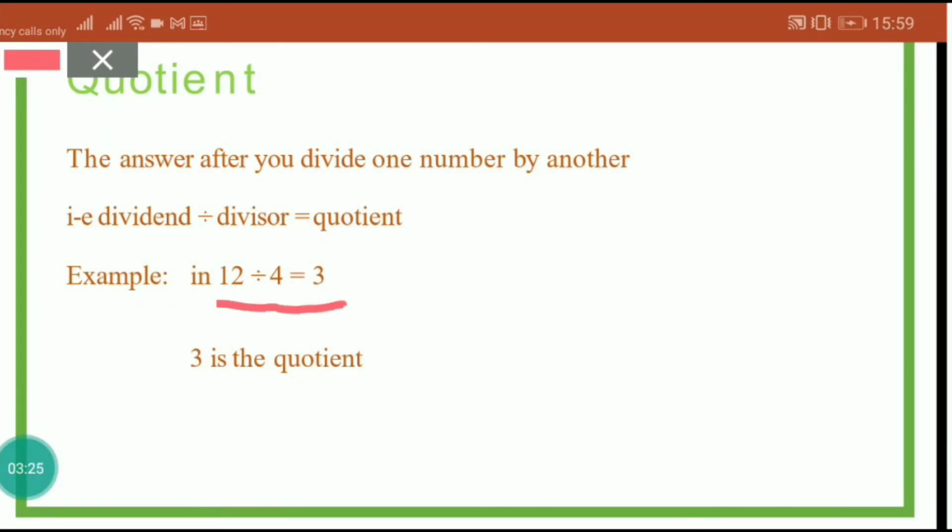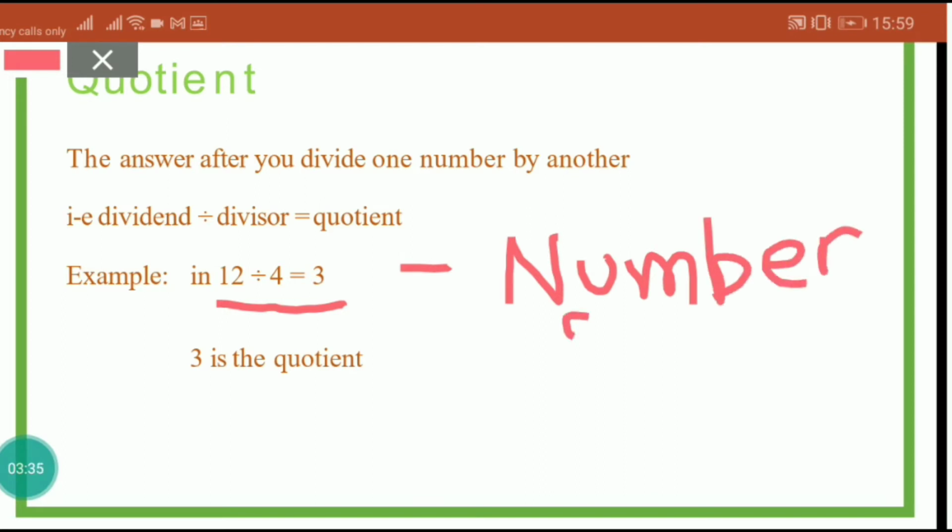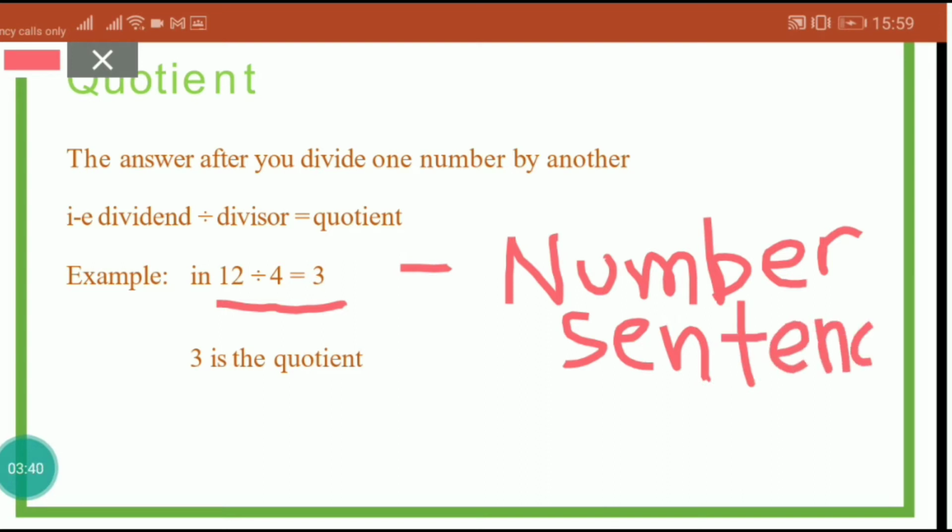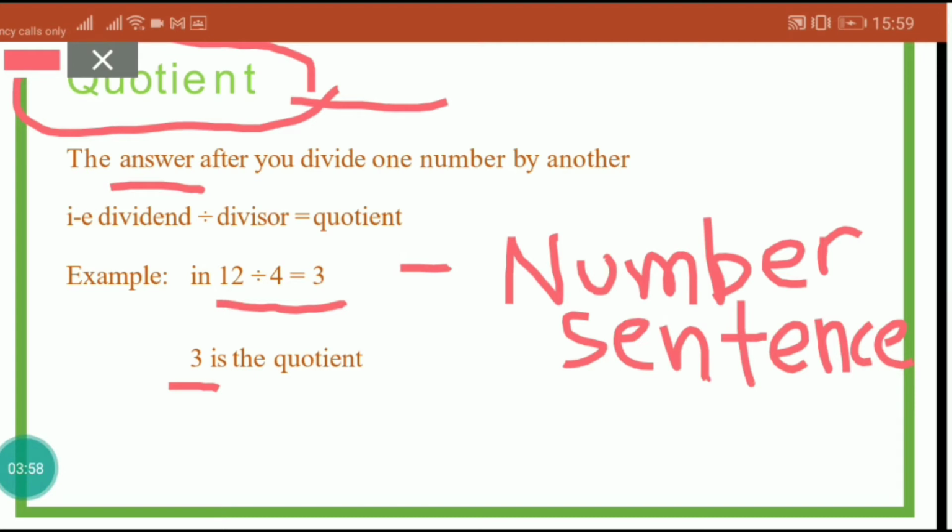This is what we called our number sentence. 12 divided by 4 is equal to 3. 3 is what we called our quotient. Quotient is the answer in a division problem.